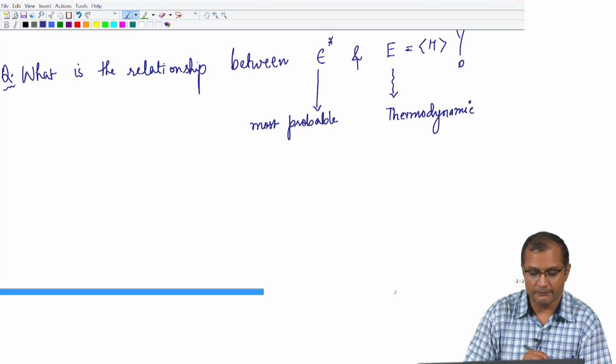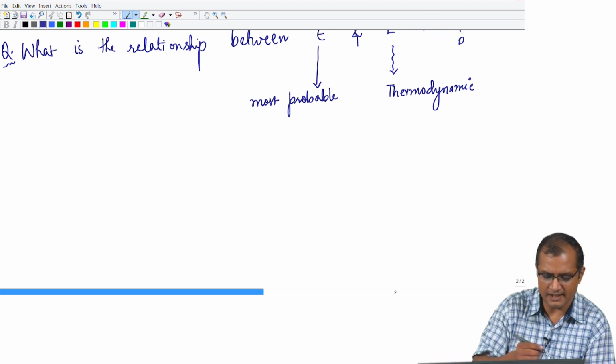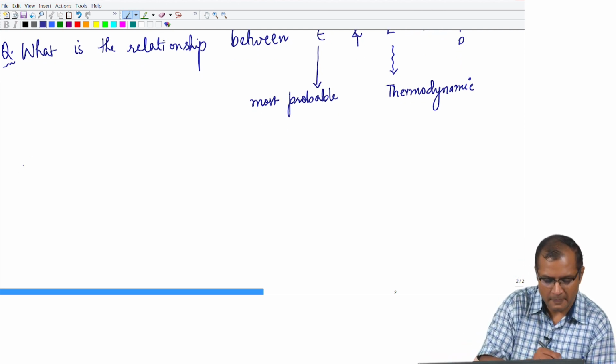So, you can easily see that connection by some sort of an ensemble equivalence.